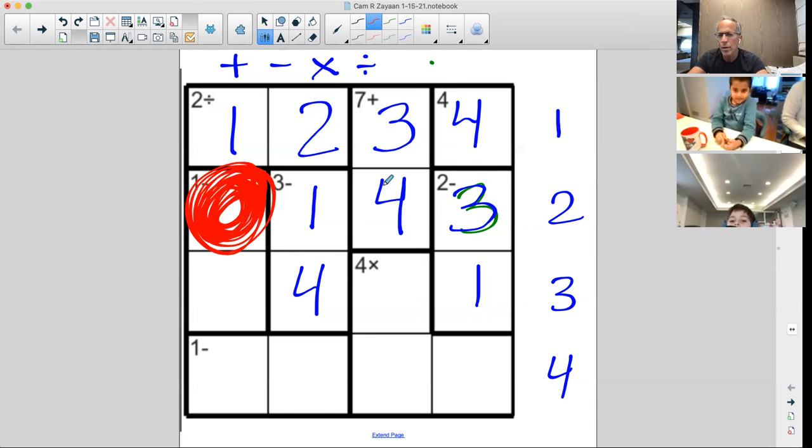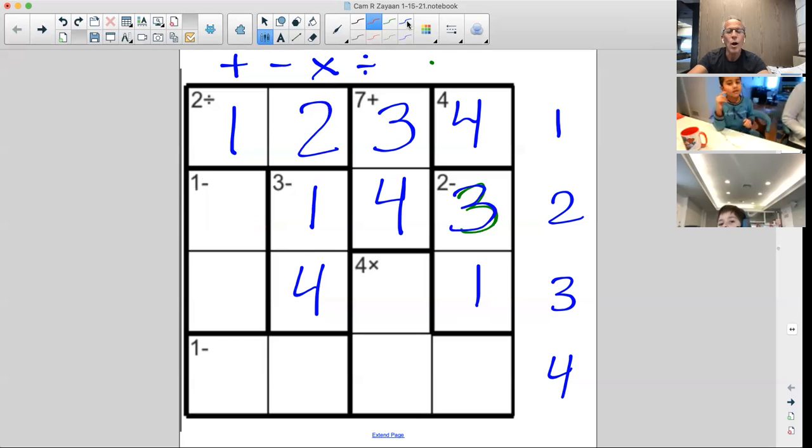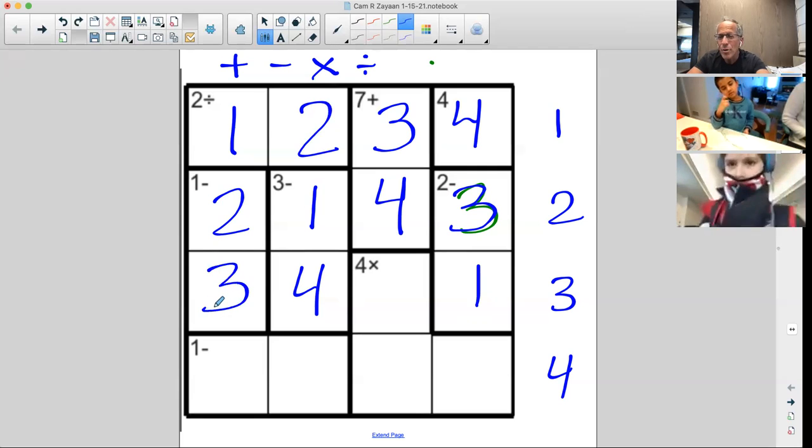Not 2 minus 1. That's definitely a 2, but what goes here, guys? We can't do 1. Good boys, you guys are awesome. So what's the only number that can go there? 3 minus 2. Yes, the number is 3.